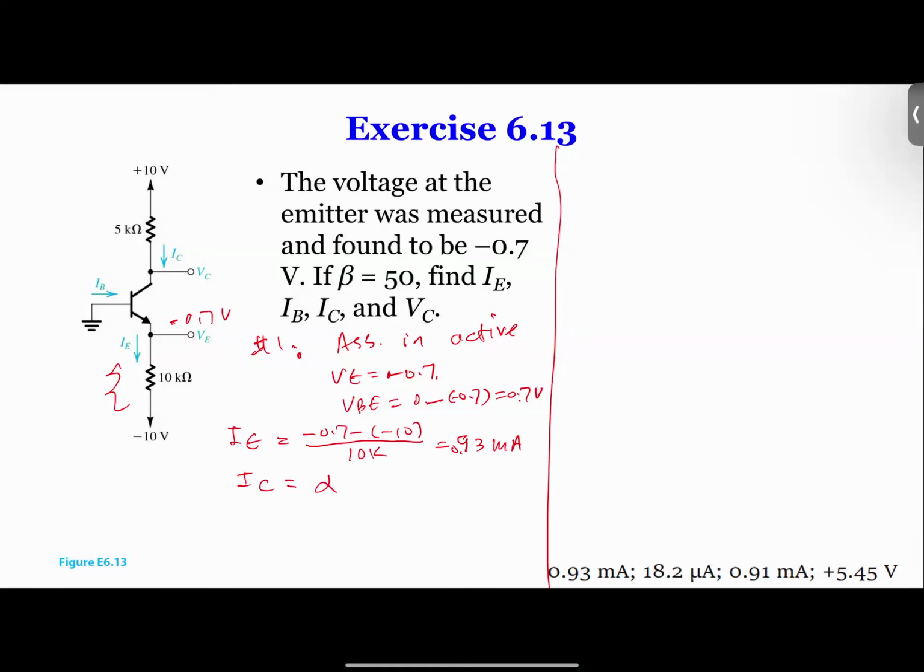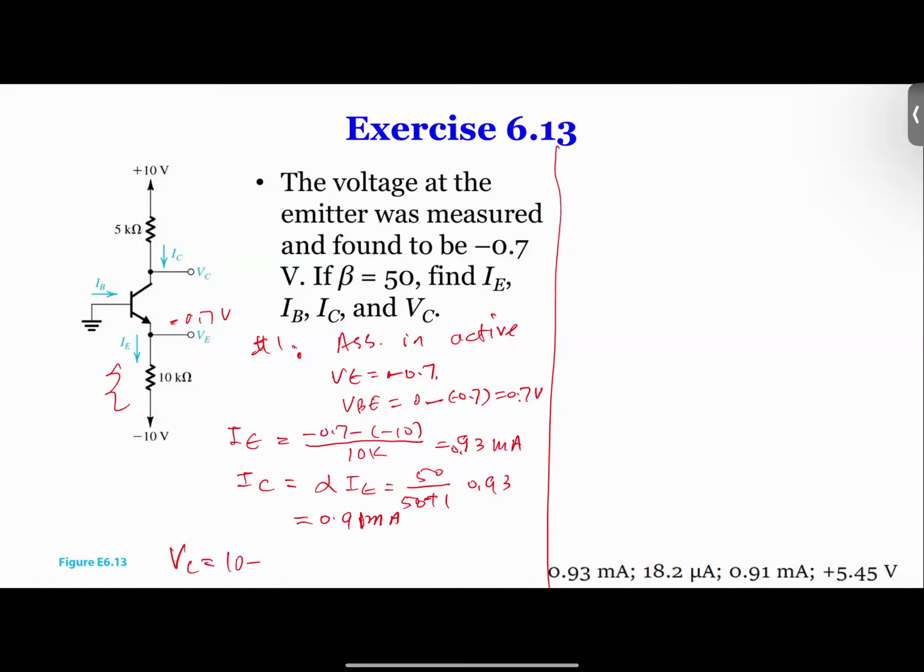IC equals alpha times IE. Alpha is 50 divided by 50 plus 1, times 0.93. That gives you 0.91. Now with IC, we can simply find VC.